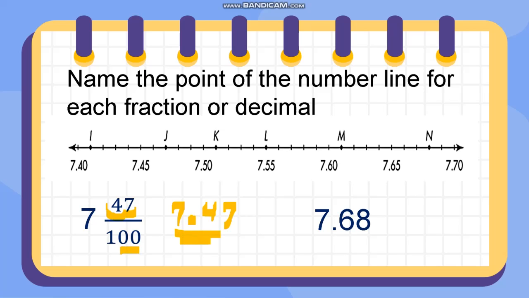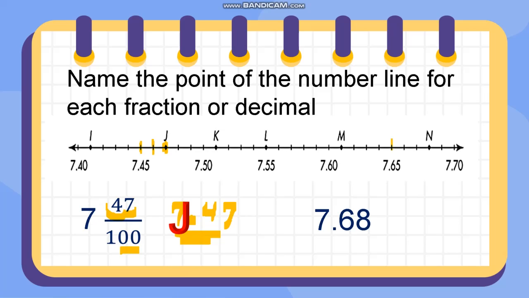So where is 7.47? This is 7.45, 7.46, 7.47, or 7 and 47 hundredths, and that is letter A. 7 and 68 hundredths. So where is 7.68?